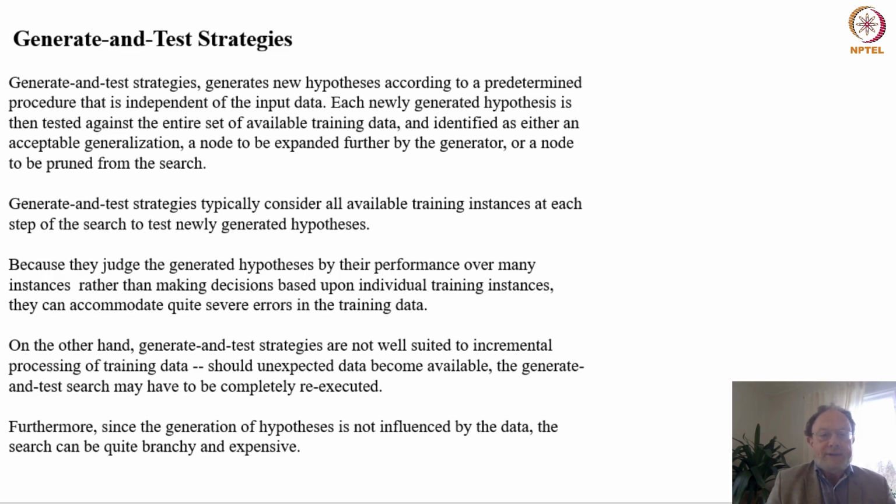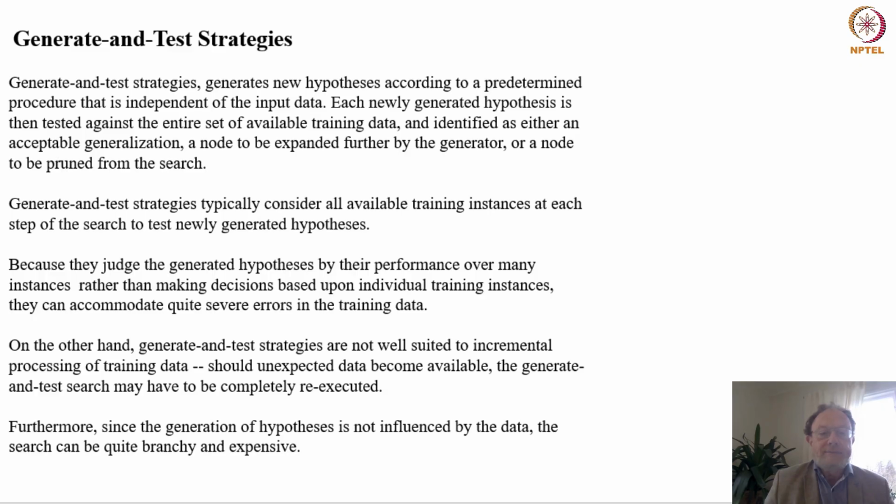A property of this kind of algorithm is that because for each hypothesis they look at all the instances, not only single instances, they are not so prone to deteriorate in the presence of noise, because the noise will just be part of the stream of all the instances.